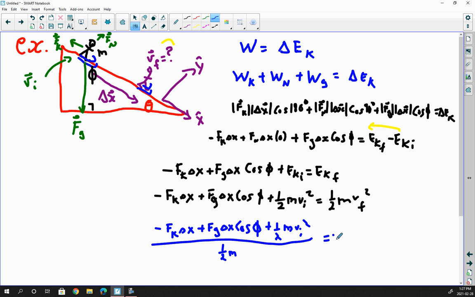And that'll give us final speed squared, and you can from that calculate what the final speed is.